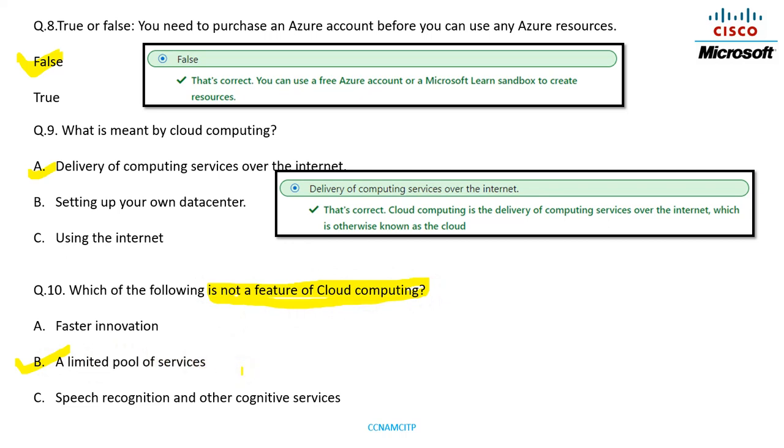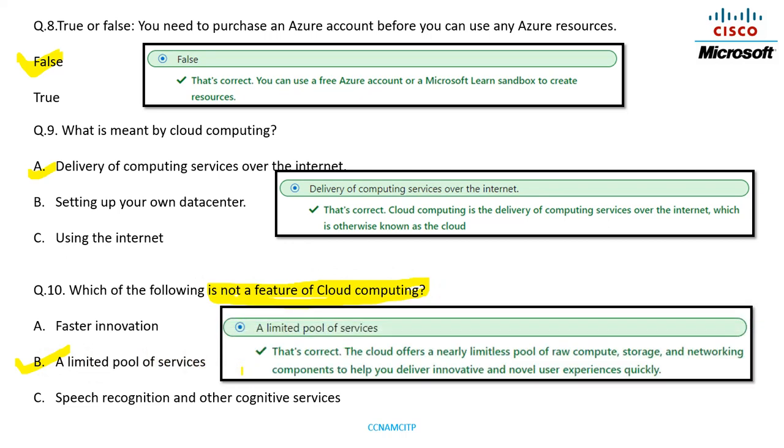So the answer should be B. A limited pool of services is not correct about cloud computing, because the cloud offers a nearly limitless pool of raw compute, storage, and networking components to help you deliver innovative and novel user experiences quickly. So it is not limited.